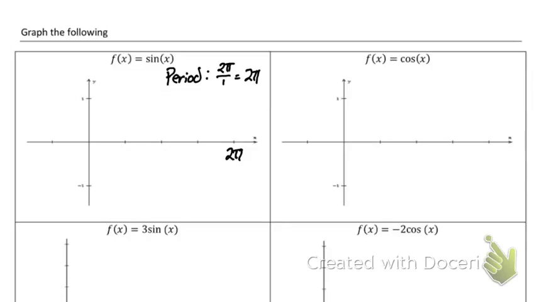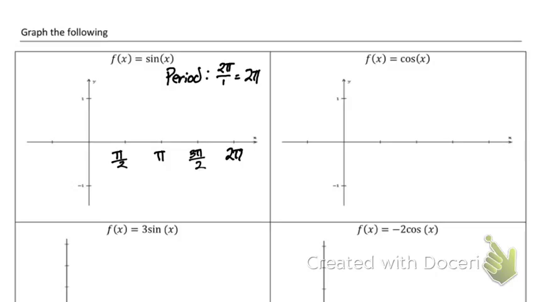So whatever your period comes out to be, count out 4 tick marks, mark it down, and then we go half, multiply by 3. It's not hard with 2 pi because we do it a lot, but half of 2 pi is going to be 2 pi divided by 2, which is going to be pi. Half of pi is going to be pi over 2. And pi over 2 times 3 is going to be 3 pi over 2.